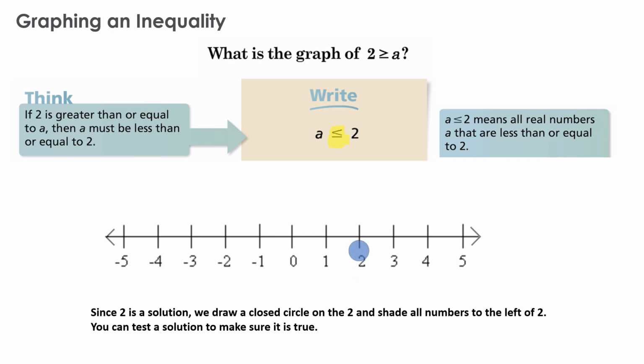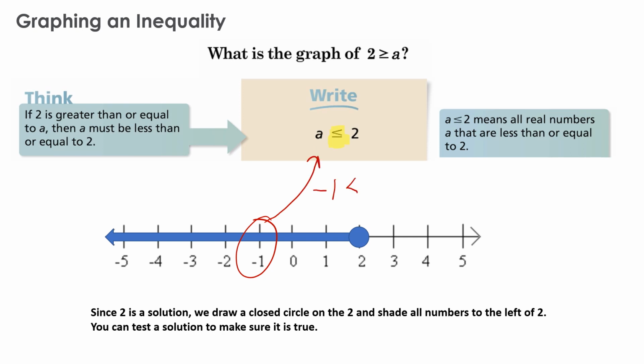We're going to put a closed circle on the 2, and then, if you haven't guessed it, you're going to shade in all the numbers to the left of 2. You can test your solution as well. What do I mean by that? Go ahead and pick any number that's been shaded. Let's go with negative 1. Let's plug it into a and see if that comes out as true. Negative 1, is it less than or equal to 2? Absolutely, that is a true statement, so we did this right.